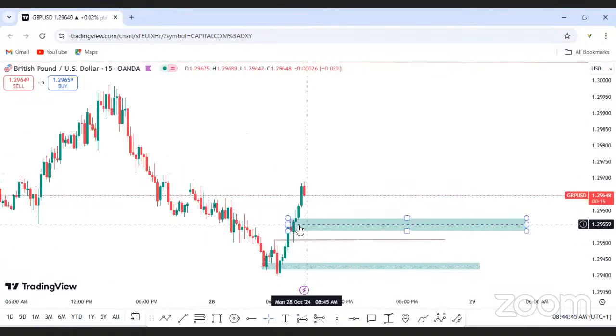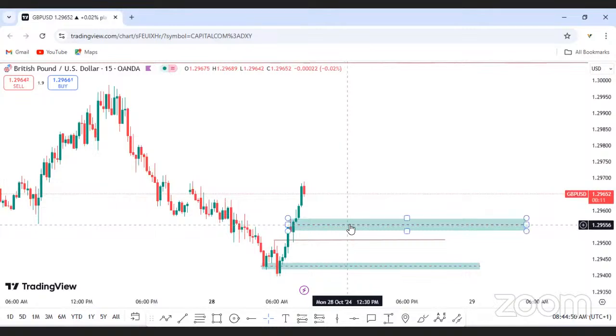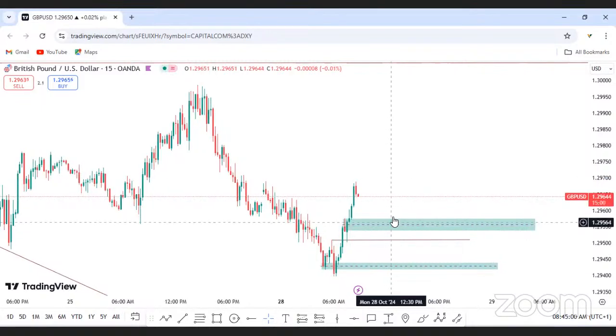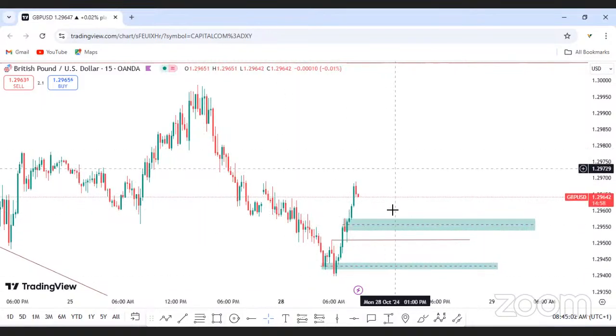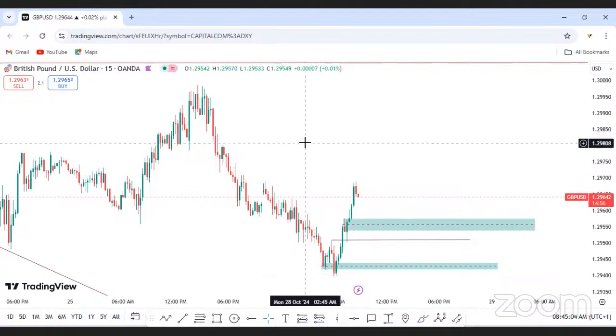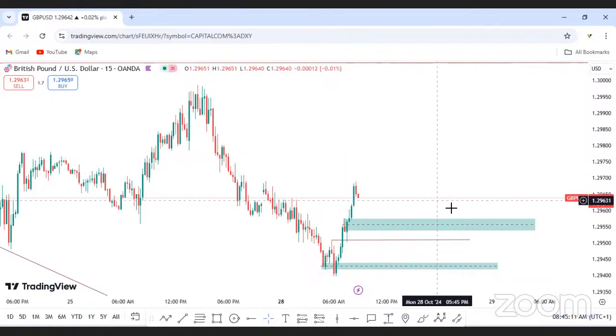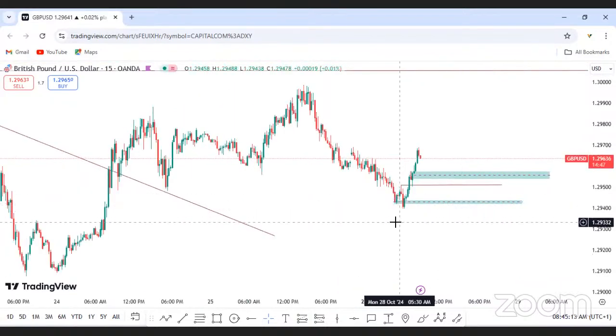And these are my points of interest, especially this one around 1.29500, or 1.29560. Yes, that's the price point. 1.29560. That's where I want to see price trade into. And then I'll take my GBP USD buy to the upside. Okay. So that is that on GBP USD.